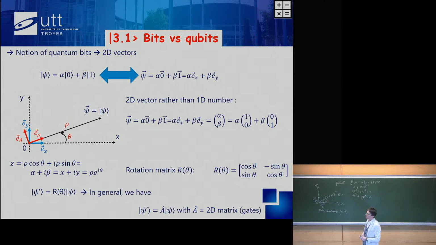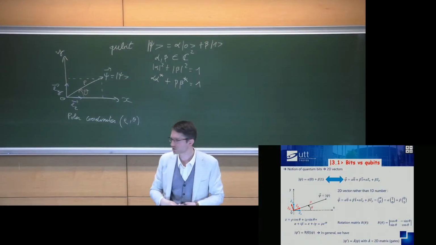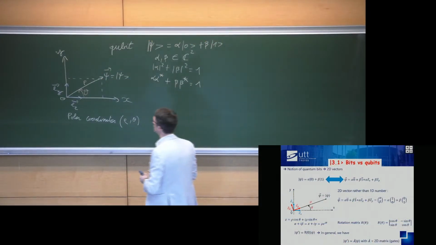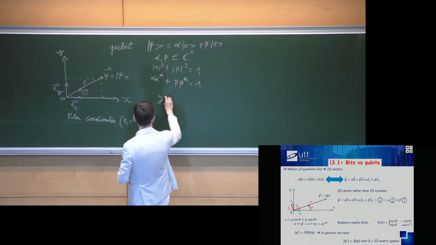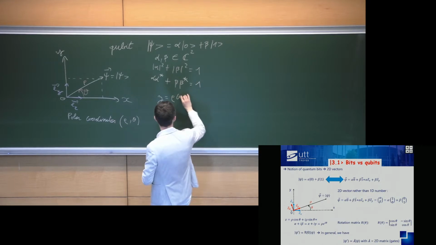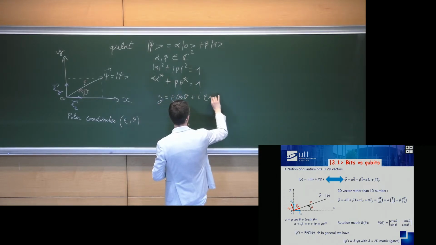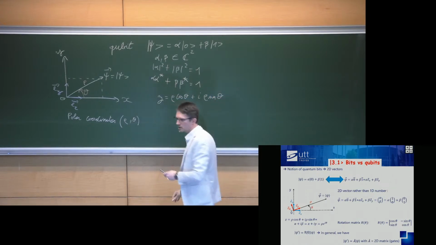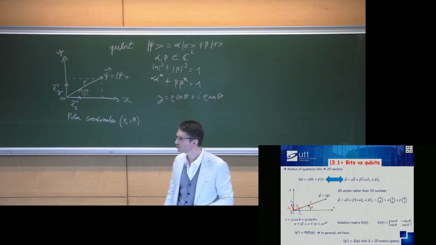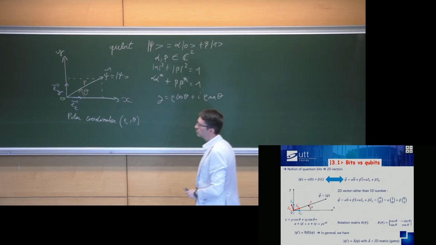The difference here is that we said these alpha and beta are complex numbers. So we can define a complex number, z, which would be rho cos theta plus i rho sine theta. That would be the complex representation of this point here in 2D space.